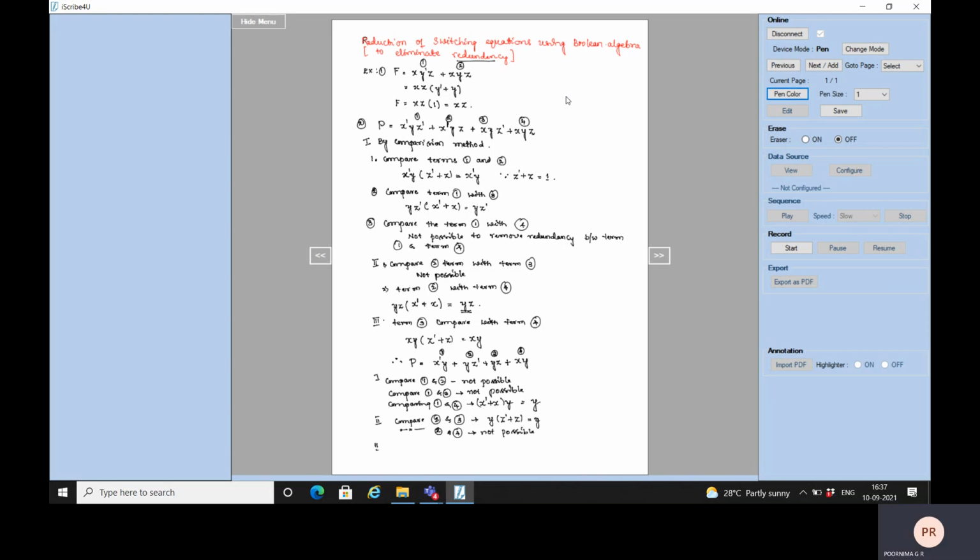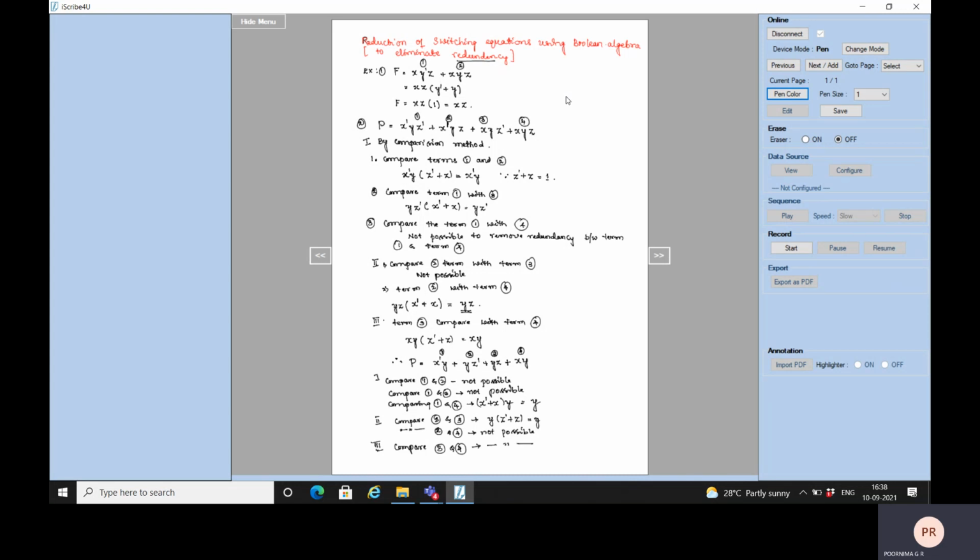The last step of the comparison is to compare terms 3 and 4, yz and xy. Here also it is not possible.